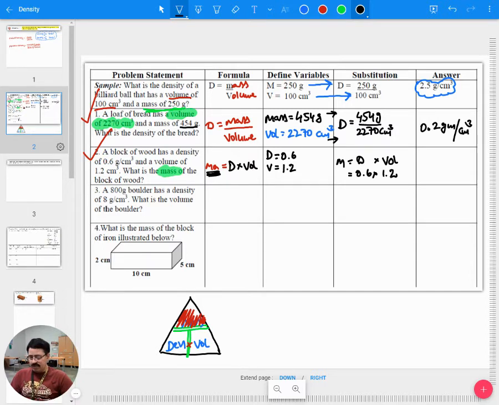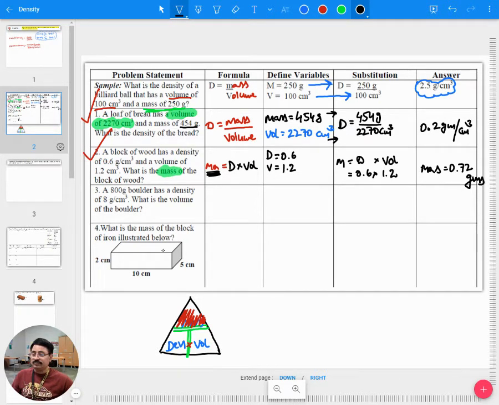Still, let me check. 0.6 times 1.2 is 0.72. Anyhow, this is the mass. Don't forget to mention the units. Based on the question, it is grams per cubic centimeter. Therefore, the mass is 0.72 grams.